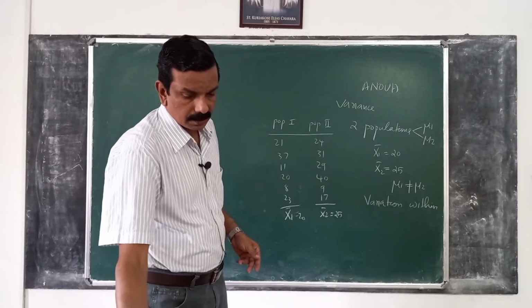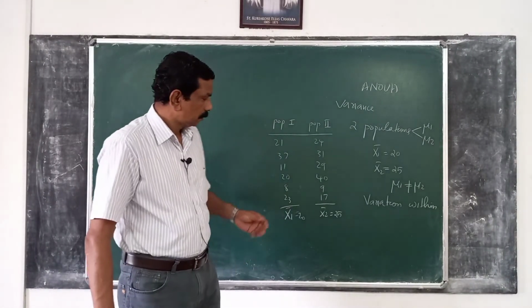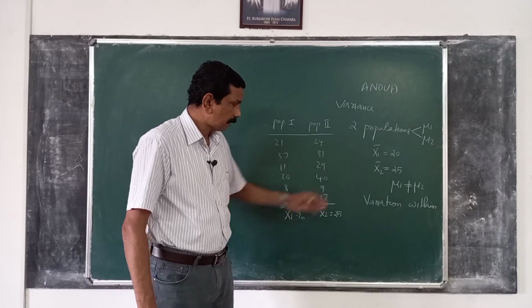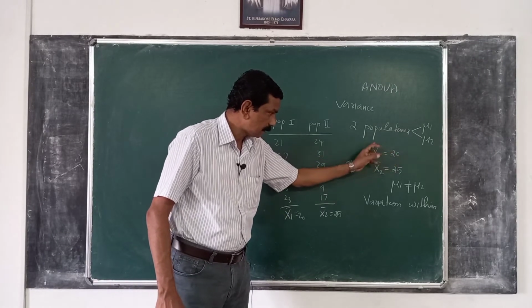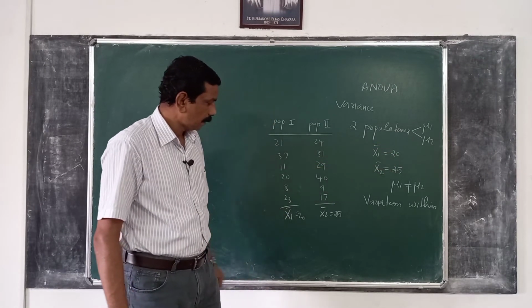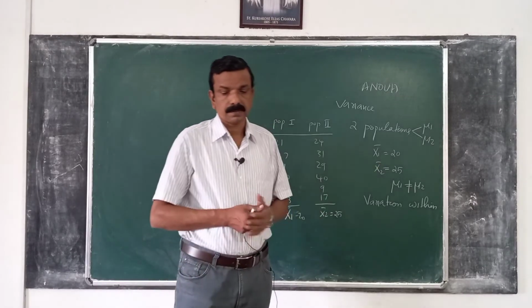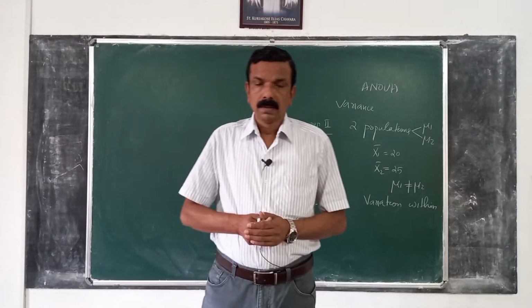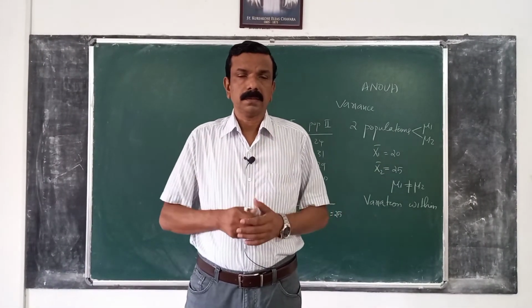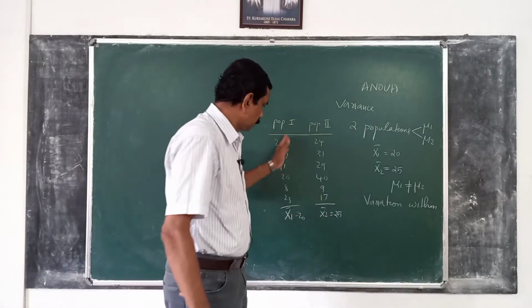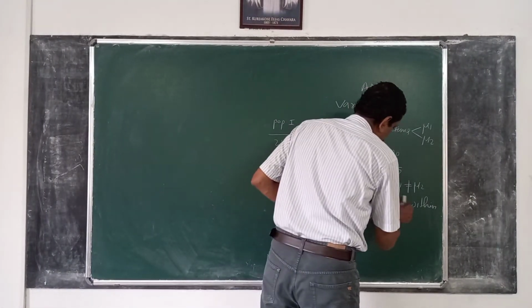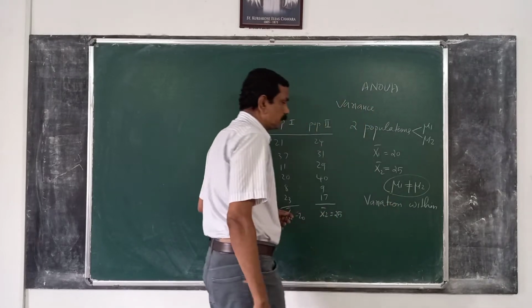Suppose that these are the samples generating the means x bar 1 20 and x bar 2 25. But as you can see, using this sample we cannot say that mu1 is not equal to mu2.